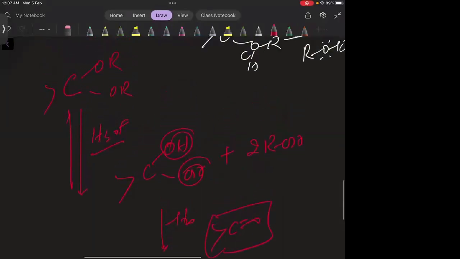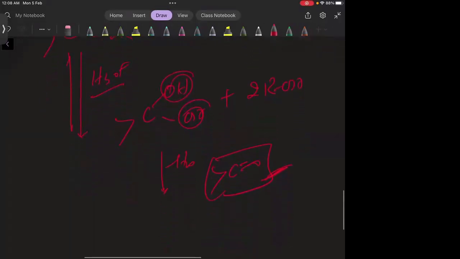So when you have the acetals, they convert back into the aldehyde or ketone if you take water in acidic medium, or if you hydrolyze. If you take dilute HCl, that means acid hydrolysis, that will form the ketone or aldehyde group, correct?